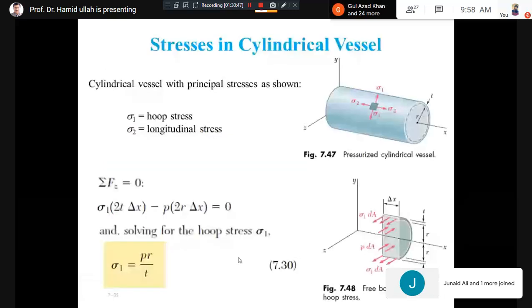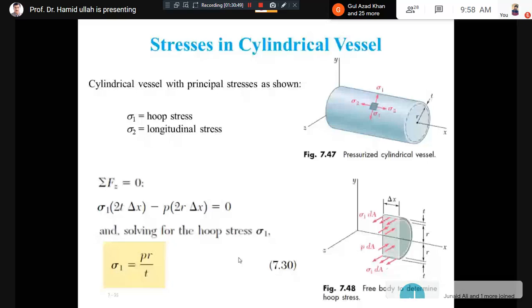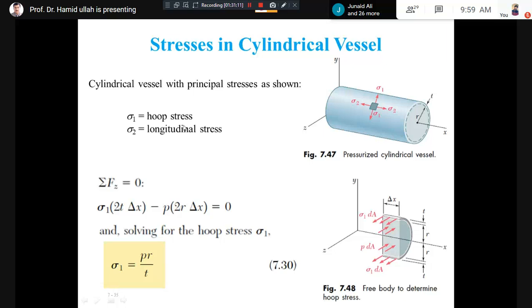To talk about the stresses, we first want to consider the cylindrical type, because we have mentioned two types, cylindrical and spherical. You can see in the figure the cylinder and the differential element. There are two stresses, sigma 1 and sigma 2. Sigma 1 is called hoop stress and sigma 2 is called longitudinal stress. Why longitudinal stress?